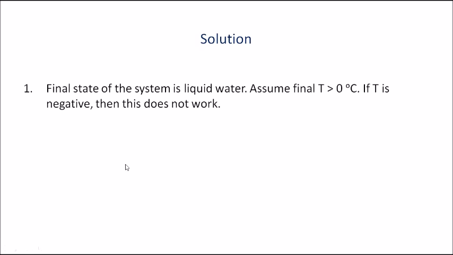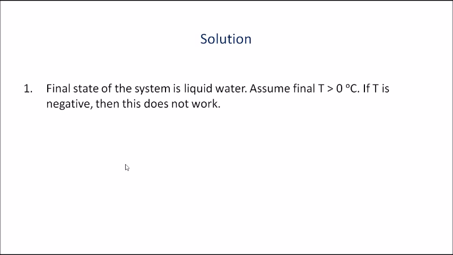You can begin by assuming that the final state of the system is liquid water at a temperature greater than 0 degrees Celsius. You can solve for T, and if it comes out to be negative, then your assumption about the final state of the system being a liquid is incorrect.